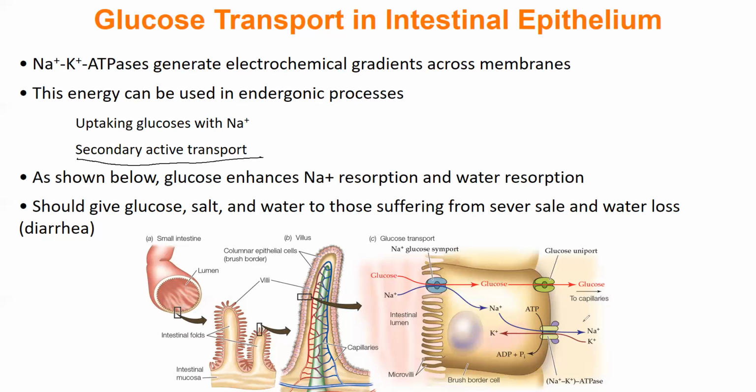So this pumps sodium out, brings potassium in, which keeps the concentration of sodium low inside the cell, which is favorable for when this symport is working. So we can bring sodium and glucose in at the same time, and that free energy is coming from pumping sodium out later. So that's why this is called secondary active transport.